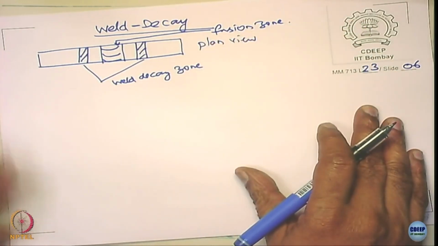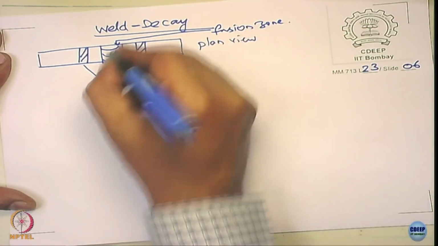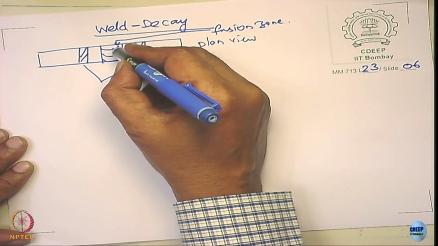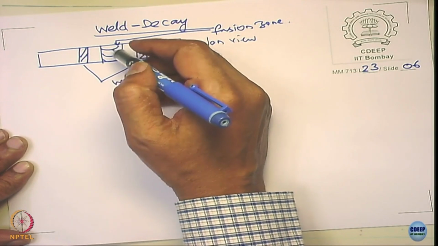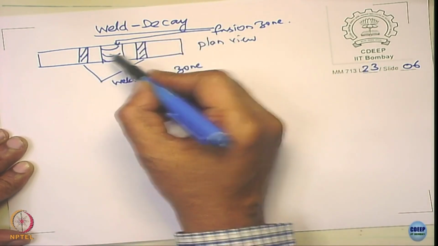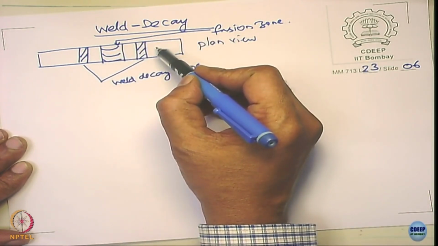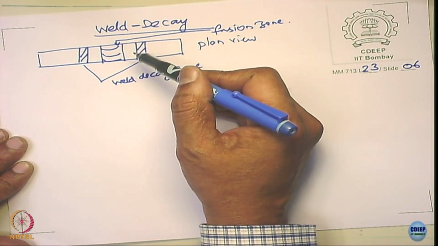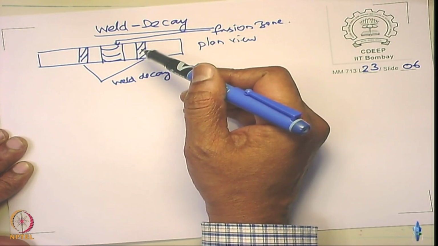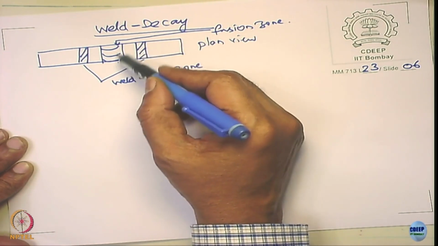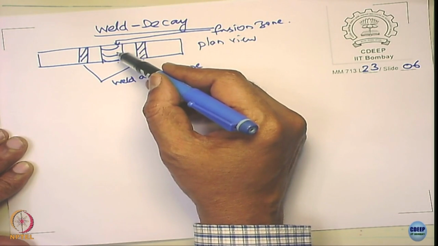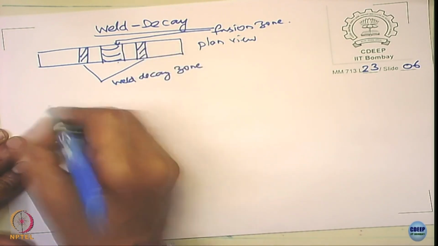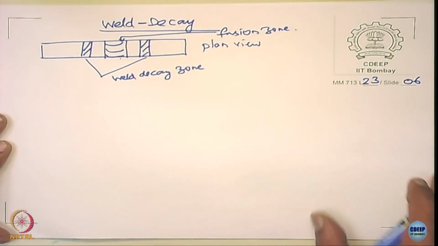Now when you weld, if I keep a thermocouple here, or if I keep a series of thermocouples here up to this point, what can I follow? I can follow temperature rise and fall with respect to time. Can I do that? So when I start welding from one end to another end, put a thermocouple there and monitor the temperature with respect to time. If you do this, a very interesting thing can be observed.